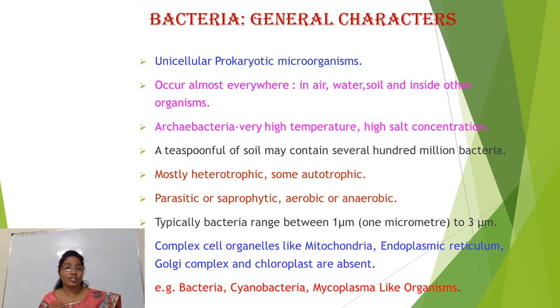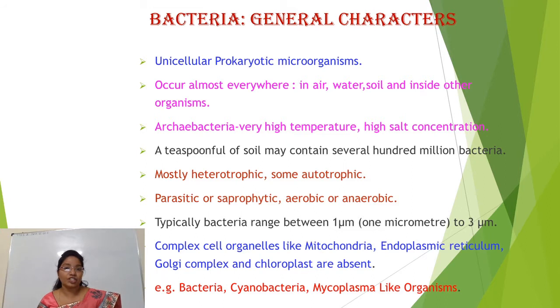Such organisms which we can't see with our naked eyes are called microorganisms. The word unicellular means they are made up of a single cell, and prokaryotic means they contain a primitive nucleus. So, bacteria are unicellular prokaryotic microorganisms.